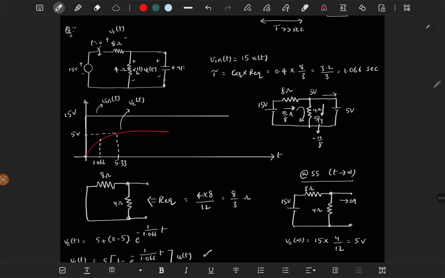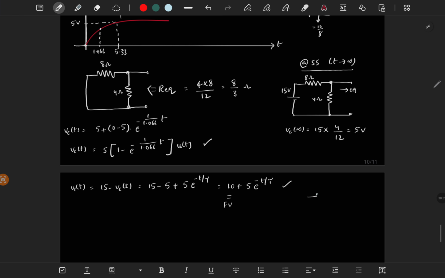Initially, for t equal to 0 plus, the capacitor is short circuited, so there is no 4 ohm here. The complete 15 volt will come across this 8 ohm. You understand? The initial circuit is like this: short circuit, with the complete 15 volt across this 8 ohm. So initial minus final: if final is 10, initial is 15, so 15 minus 10, which is 5. So you will get the same expression.